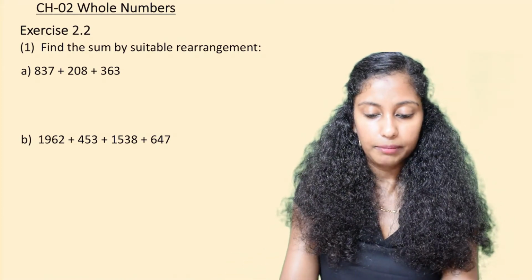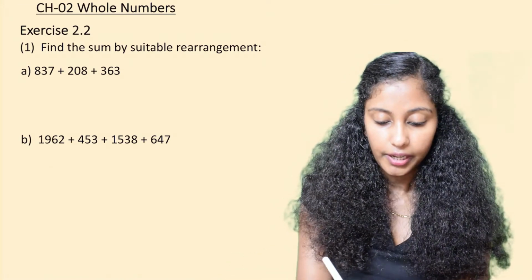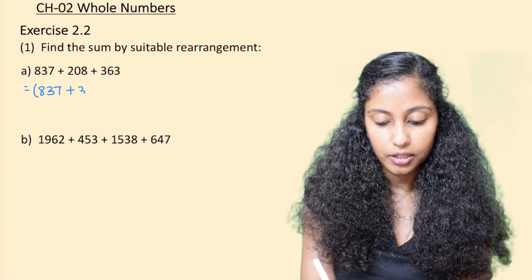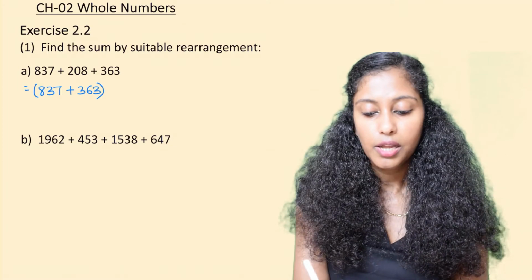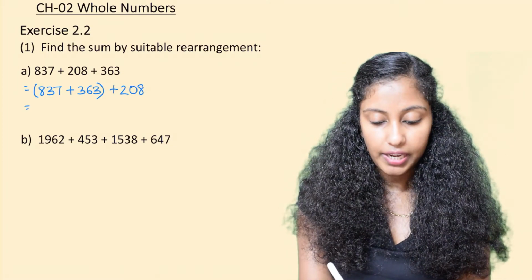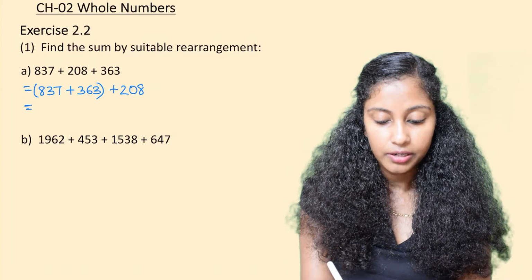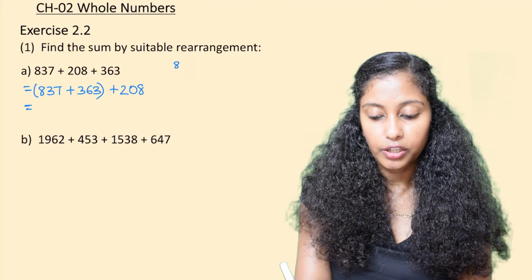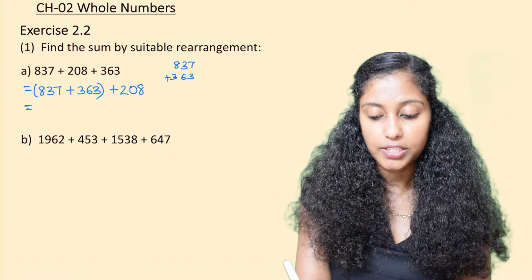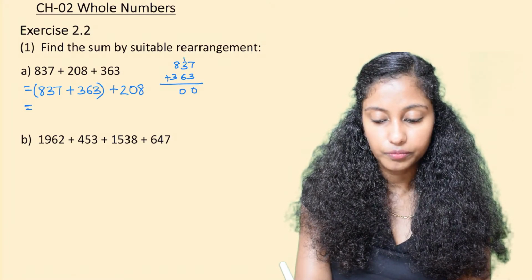So 837 will be put in a bracket along with 363, plus 208 which we write separately. When we add 837 with 363, you can keep on doing the addition in the rough column so that you get accurate answers.